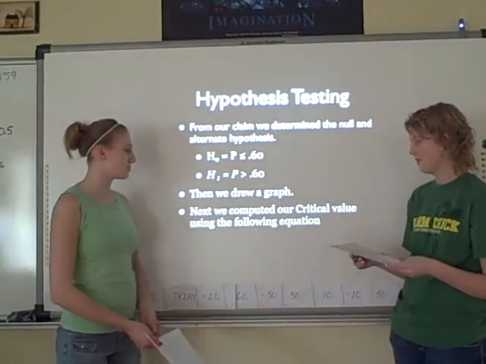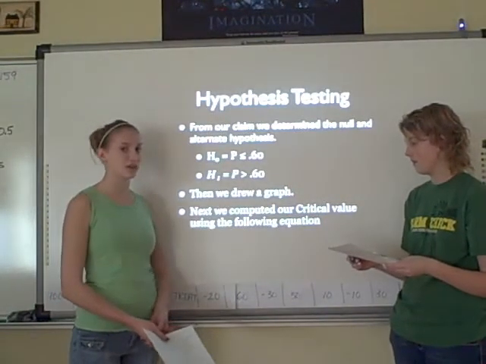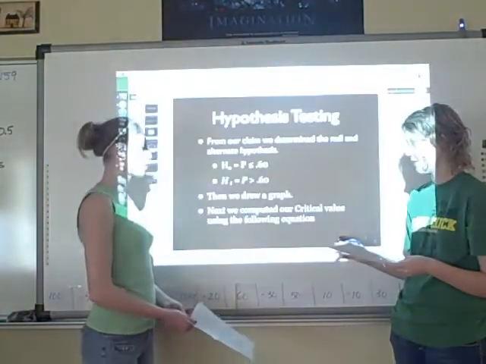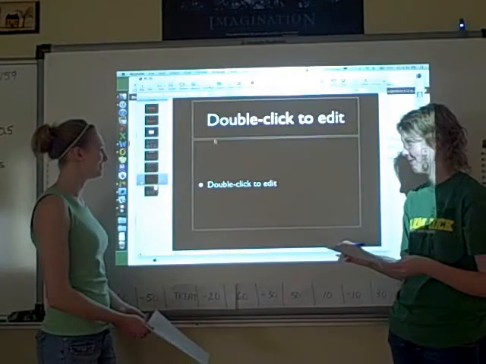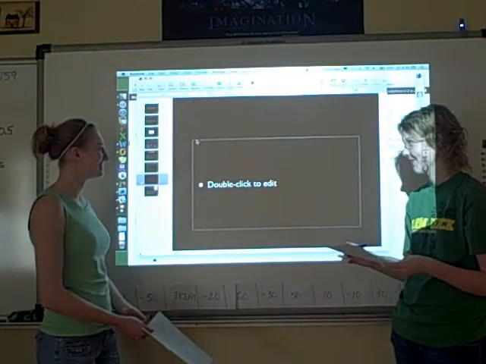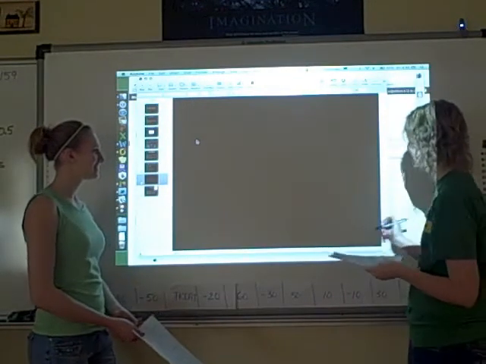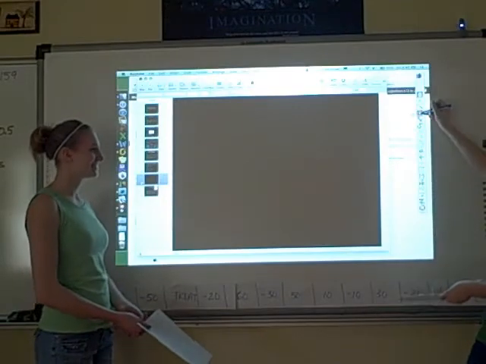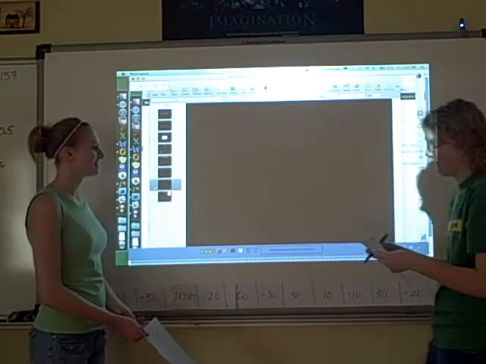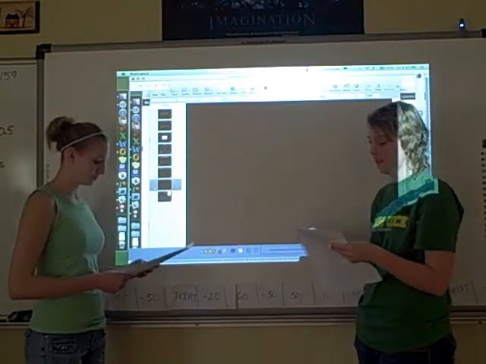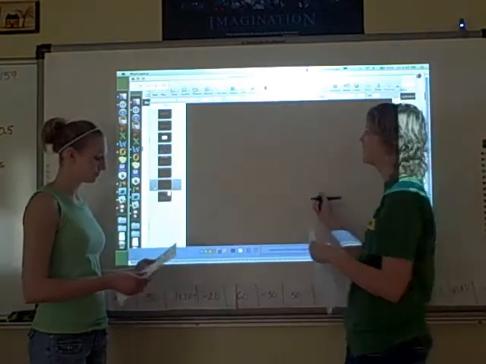And after that we computed our critical value using the following equation. So again, using the 95% confidence level, this is what our graph looked like.